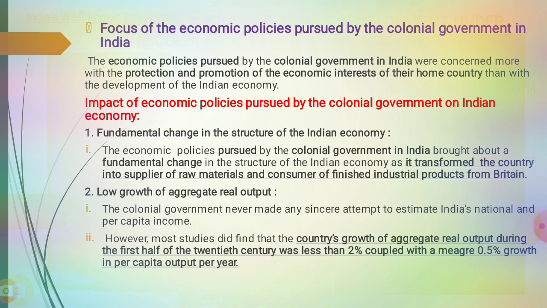The second thing is the growth of GDP and per capita income during colonial rule. The growth of GDP was less than 2%, and the growth of per capita income was 0.5% per annum.